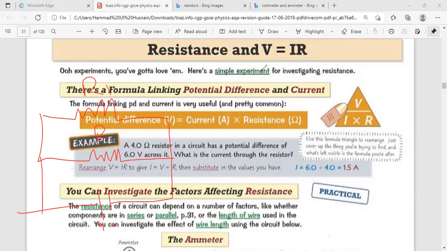Now we have two components in parallel, right? One is this one and the other one is this one. You need to remember that whenever we have two components in parallel, the voltage across both these components will be the same. If we measure voltage at these two ends, or at these two ends, the voltage will be the same in parallel circuits.